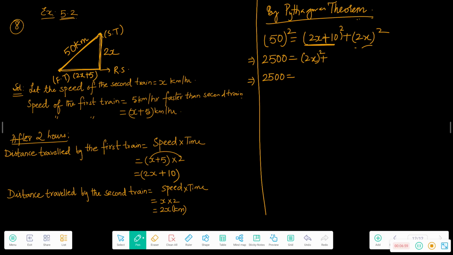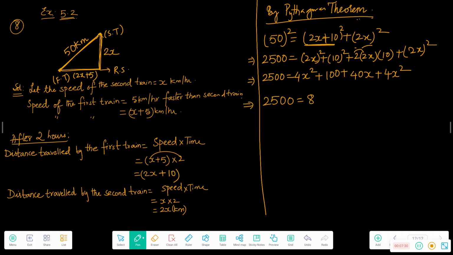So 2x square plus 10 square plus 2ab, plus 2x whole square. So 2x whole square is 4x square, 10 square is 100, plus 2 times 2x is 4x, 4x times 10 is 40x, plus 4x square. 4x square plus 4x square is 8x square plus 40x plus 100.